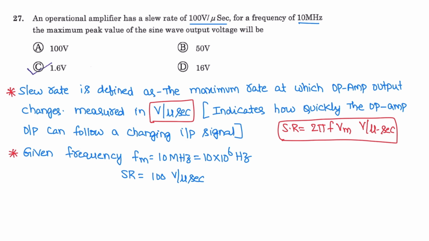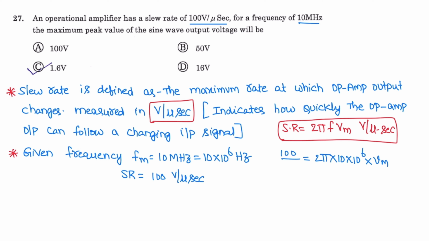Given the slew rate is 100 volt per microsecond, 2 pi, and the frequency is 10 megahertz, that is 10 into 10 power 6, into Vm, the maximum voltage of the signal. So from this, Vm is equal to, the slew rate 100 volt per microsecond, which can be written as 100 by 10 power minus 6.